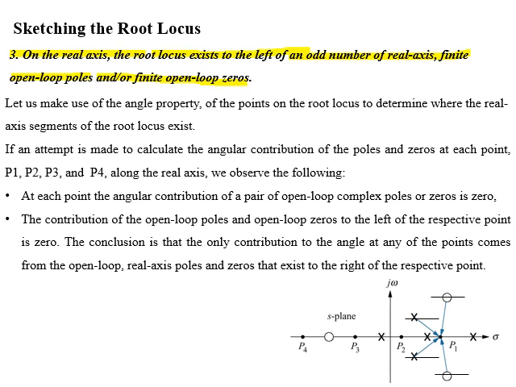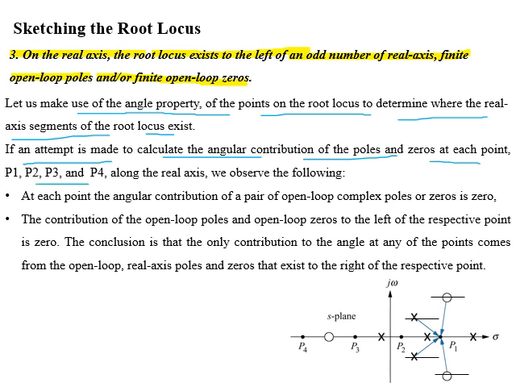Now consider the angle property of the point on the root locus to determine where the real axis segment of the root locus exists. If an attempt is made to calculate the angular contribution of the poles and zeros at each point P1, P2, P3 and P4 along the real axis, we observe the following.